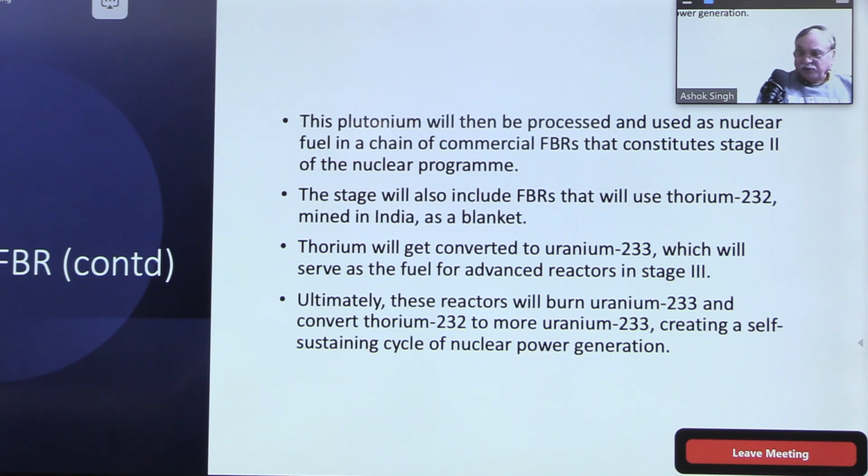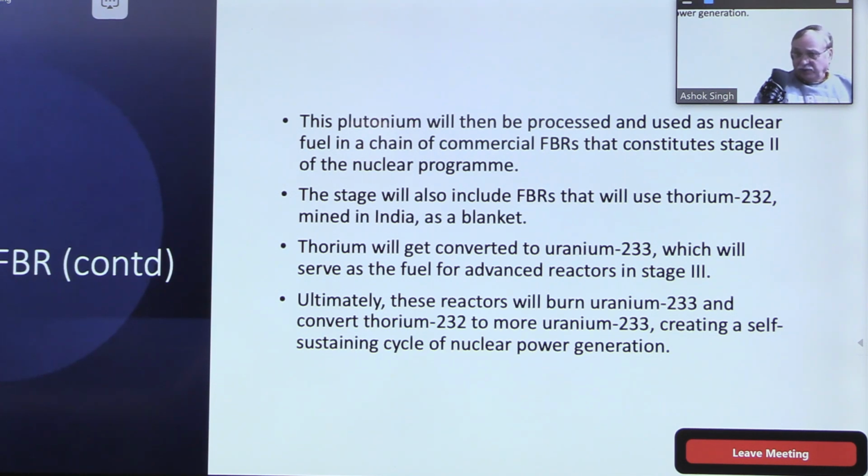Scientists are also proposing to use thorium-232 as a blanket. Blanket means surrounding the reactor core. Thorium-232 is obtained from nature, Kerala mines, monazite sands.